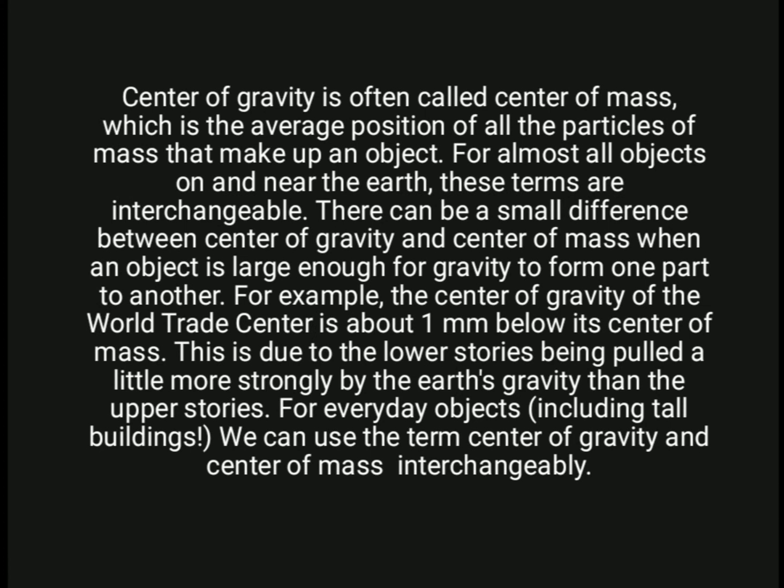For example, the center of gravity of the World Trade Center is about 1 mm below its center of mass. This is due to the lower stories being pulled a little more strongly by the Earth's gravity than the upper stories. For everyday objects, including tall buildings, we can use the terms center of gravity and center of mass interchangeably.